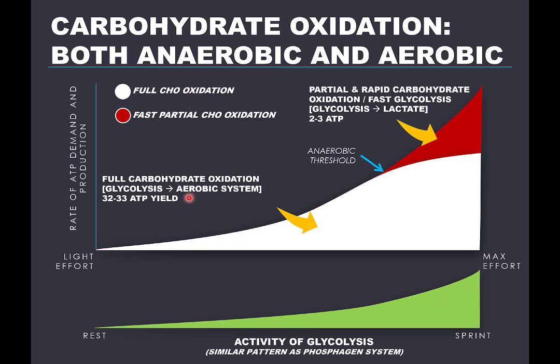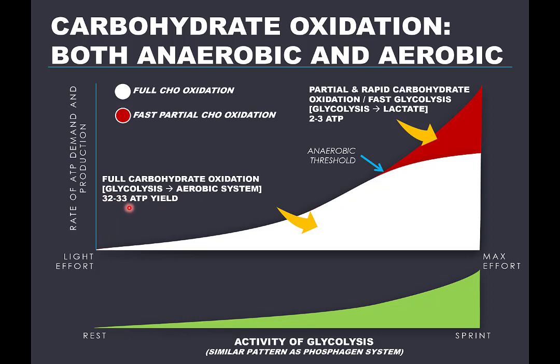So as represented here by the white area under the curve, a good portion of aerobic ATP production is through the remaining oxidation of the glucose 6-phosphate after glycolysis. And as you can see indicated here, the full oxidation of glucose 6-phosphate yields 32 to 33 ATP.